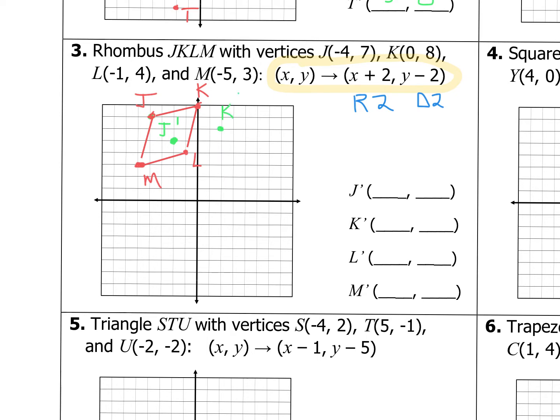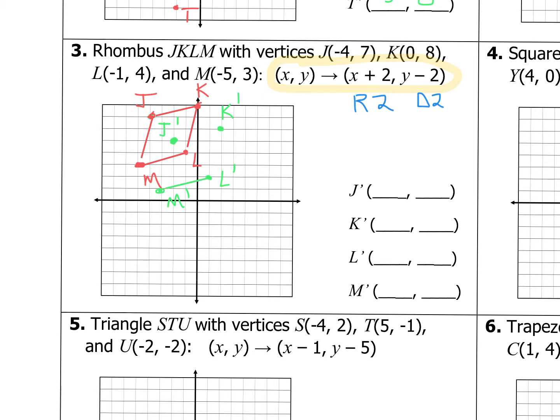K prime. And then for L, right 2, down 2, plot a point. And finally for M, right 2, down 2, plot a point. And that's M prime. Then we're going to connect with a straight edge.